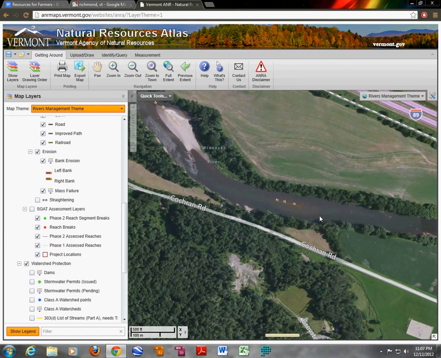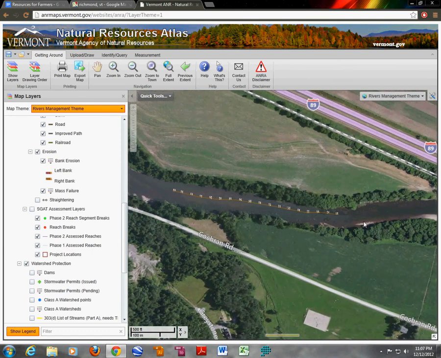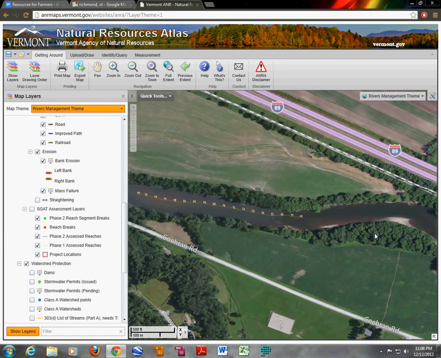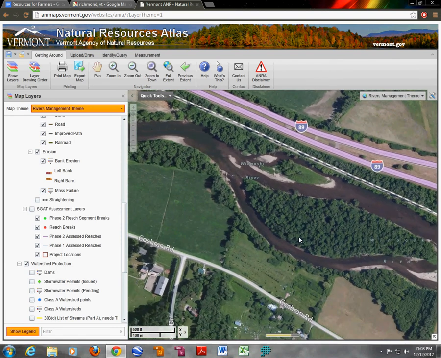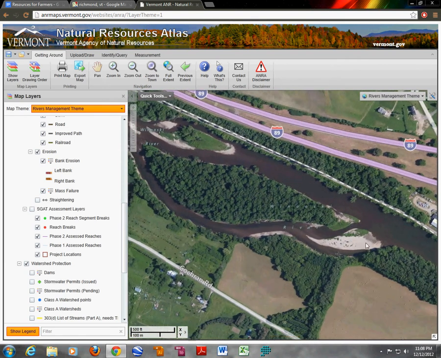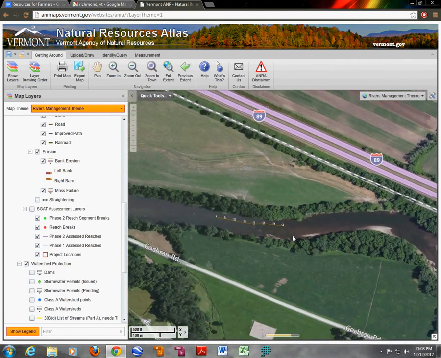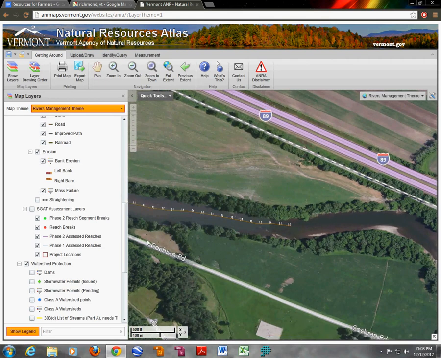And in this case, we've straightened this stretch of the Winooski very much, so there's a lot of erosion because it wants to meander and it wants to slow down and dissipate its energy, but it can't because we've built up around it. So this is kind of a sign that the river wants something that it's not getting. So that's the erosion tab.